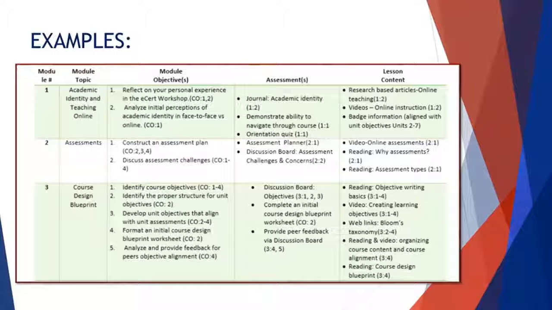That's what CO is. I didn't want to clog up the page any more than it already was, but when you look at the blueprint for the workshop, which is on the welcome page, you will be able to see how it links to the course level objectives, which each one of those modules actually links to.